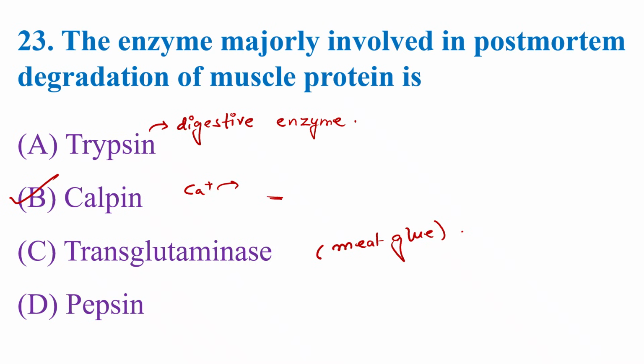And pepsin is another type of digestive enzyme present in the stomach, which breaks down the protein during the digestion process. So the correct option will be option B, that is calpain.